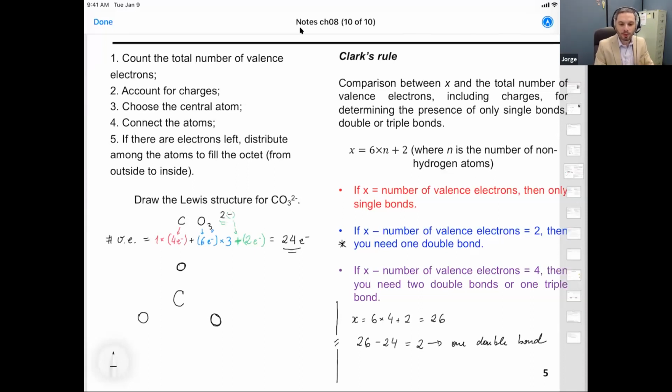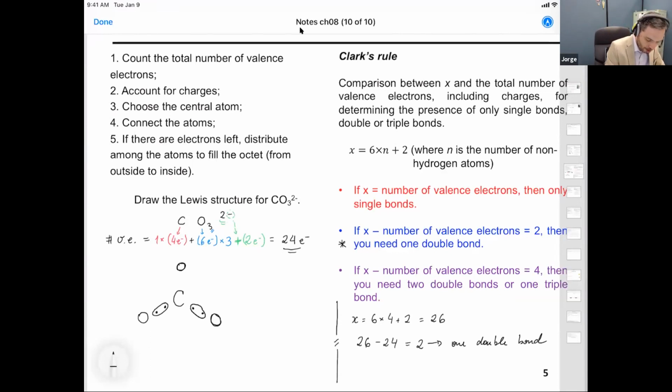Okay, so we will always have a single bond because we have to connect the atoms. And in this case, one of the connections between carbon and oxygen is going to be a double bond. So let's connect all the atoms using a single bond to start with. So one single bond here, one single bond here.